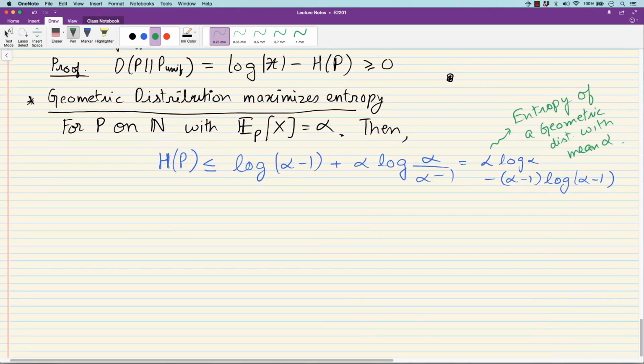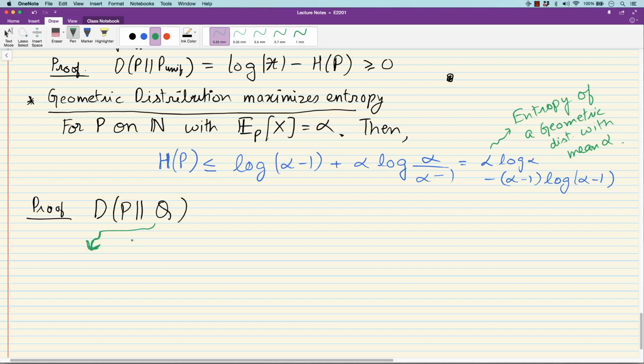So how do we show this? It's a very similar proof to this one. Proof. Let's look at the divergence between the distribution P and another distribution Q, which is the geometric distribution with mean alpha.